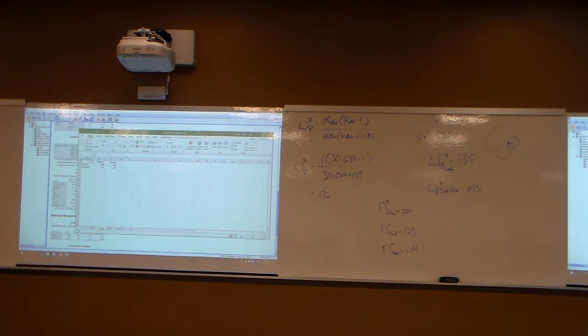Okay. So then we can highlight that, go through select, and I'm going to choose graph here.